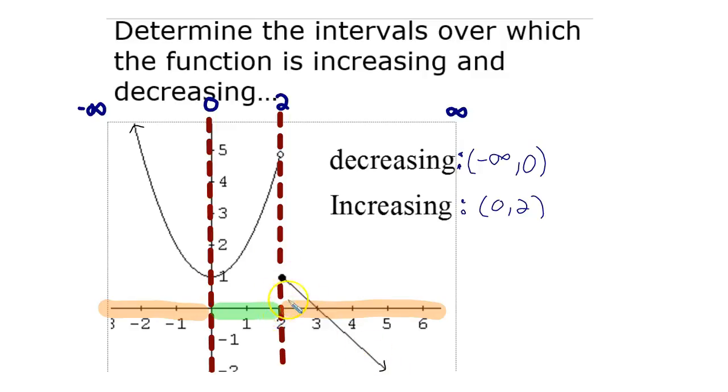So that's going to be domain values from 2 to positive infinity. So that's decreasing. So I'm going to put a union here and say 2 comma infinity. So that allows me to say that it's decreasing from negative infinity to 0, as well as 2 comma infinity. And this is a symbol that means union, so it just allows us to connect these two intervals together.